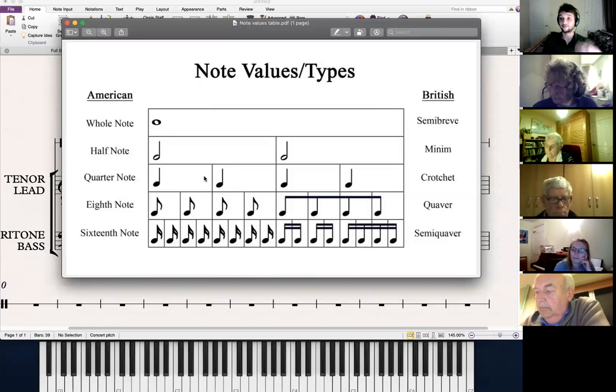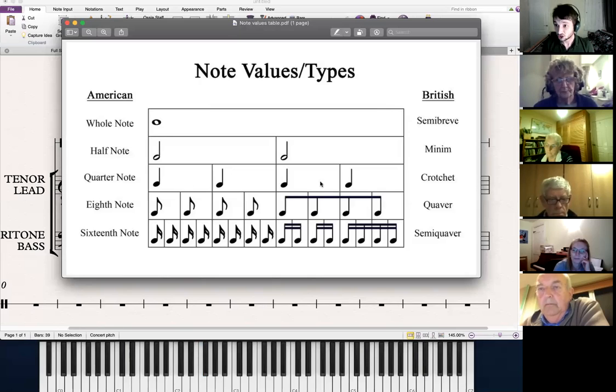So if I were to play 4 crotchets, I would get this: 1, 2, 3, 4. And as you can see, that ties in with the duration of the whole note, or the semibreve: 1, 2, 3, 4; minims: 1, 2; crotchets: 1, 2, 3, 4. So you see it's just halved every time.